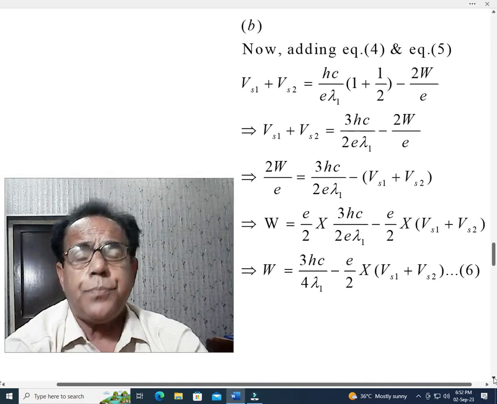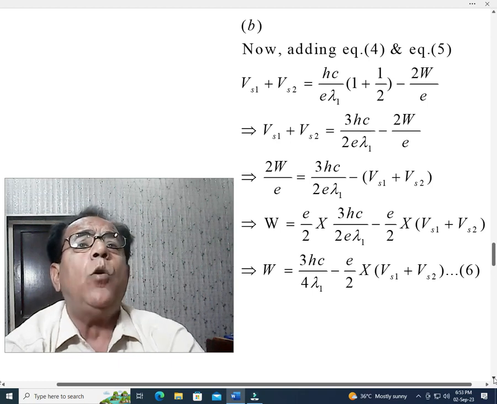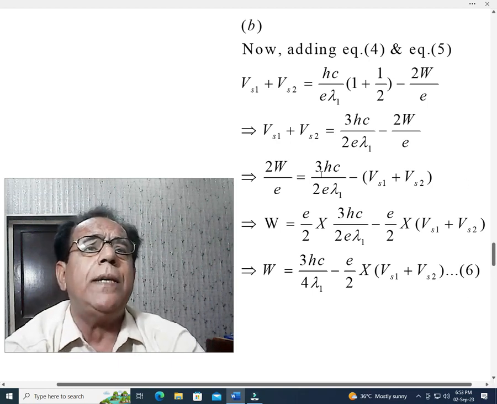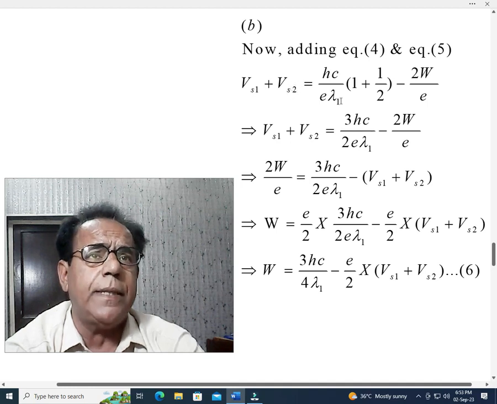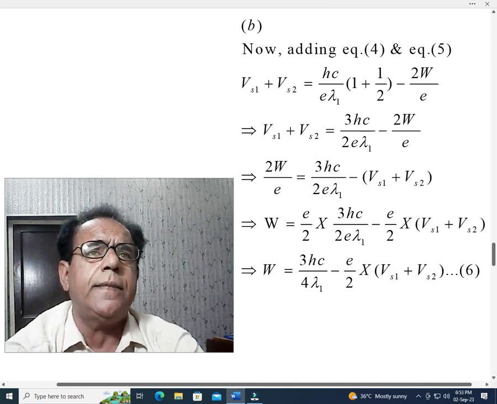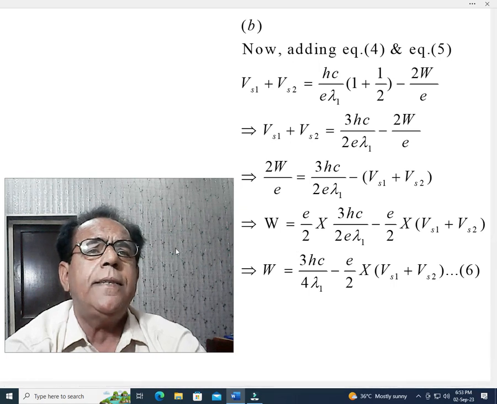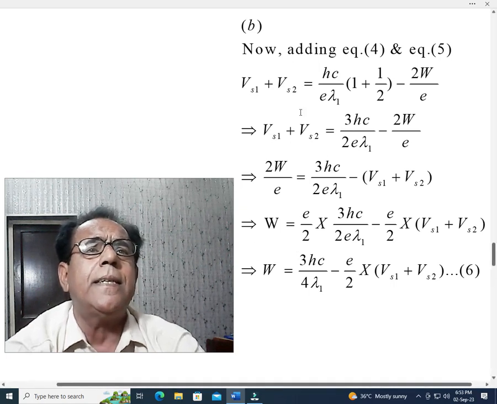Part B. Now adding equation number 4 and 5, we get the stopping potential of the first radiation plus the stopping potential of the second radiation equal to this. Just simplification.